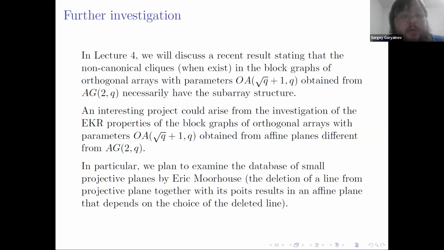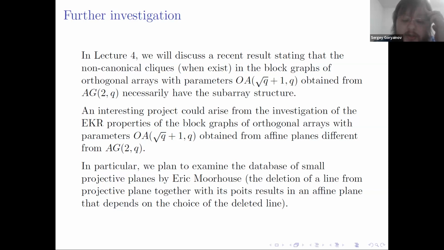In lecture 4, we will discuss a recent result stating that the non-canonical cliques, when they exist in the block graphs of orthogonal arrays with parameters OA(√q+1, q), obtained from the affine plane AG(2, q), necessarily have the sub-array structure.